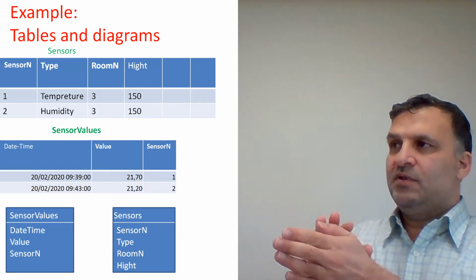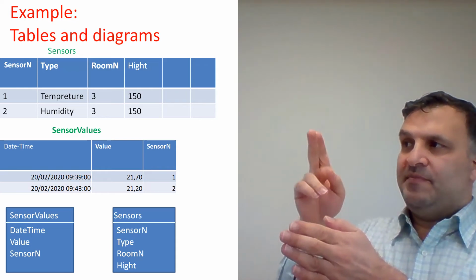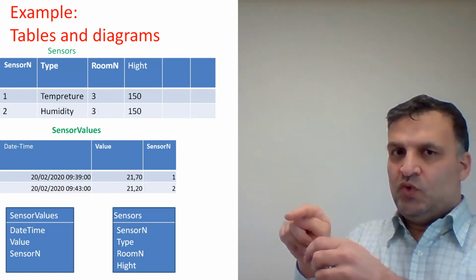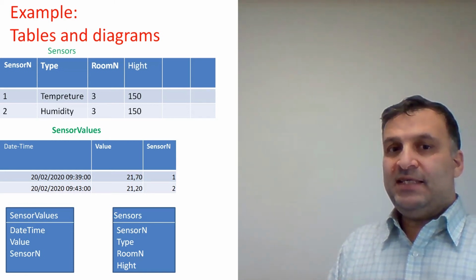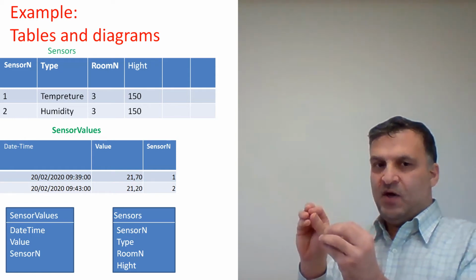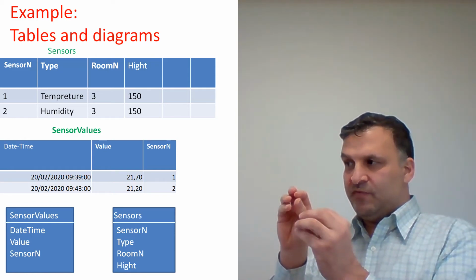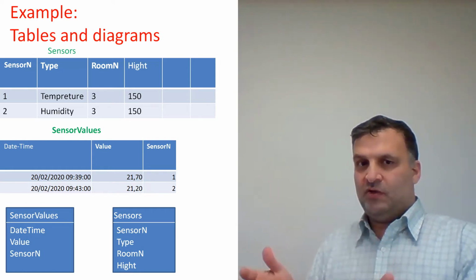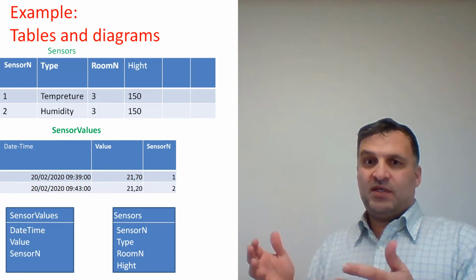In the other table, we have sensor number, type, room number, height. What makes the relation between these two tables? It is sensor number. This is very important. So we should have one parameter from the first table to connect to the other. If we don't have such a column, the two tables are isolated.